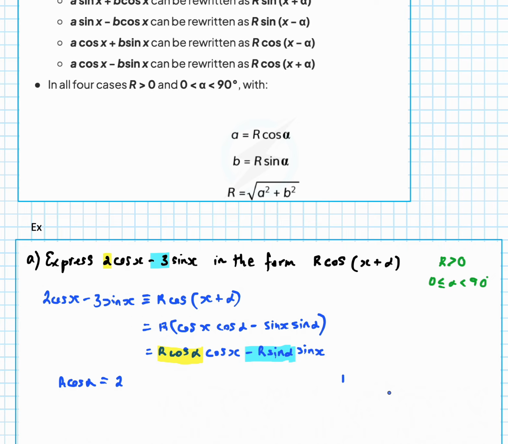And of course, the same for sine: R sine alpha is equal to minus 3. I'll try and use the positive value, so you can cancel out those negative values for the sine. So R cosine alpha and R sine alpha can be rewritten using the identity tan theta is equal to sine theta over cosine theta, which is what we have there, 3 over 2.